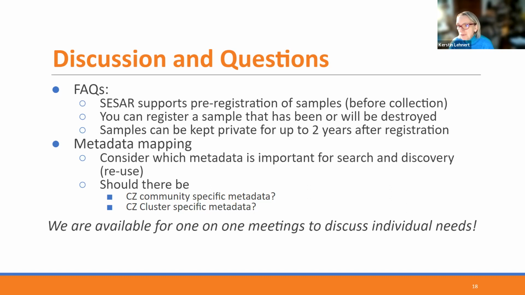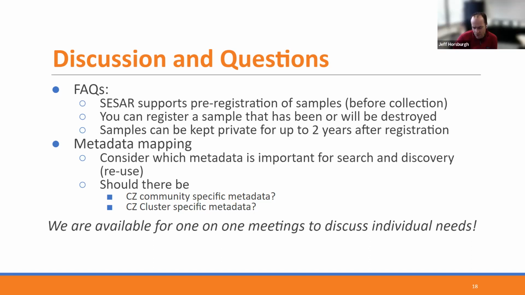One thing we want to talk about briefly today is how a search for samples particular to the CZNet should function. Do we need that? Depending on how you want to find samples, that determines which metadata need to be available and what terminology will be used for that.